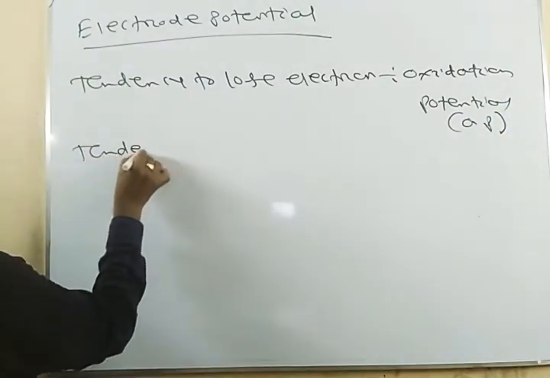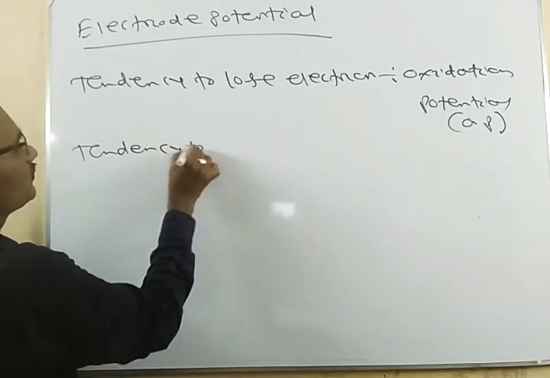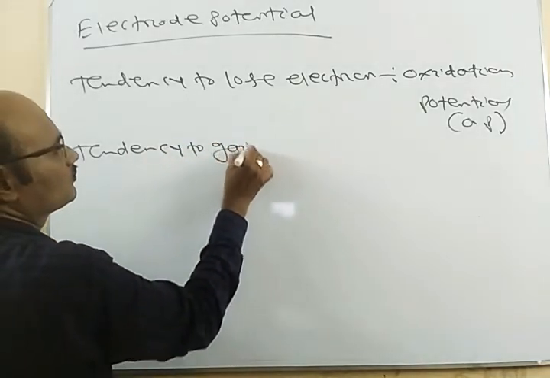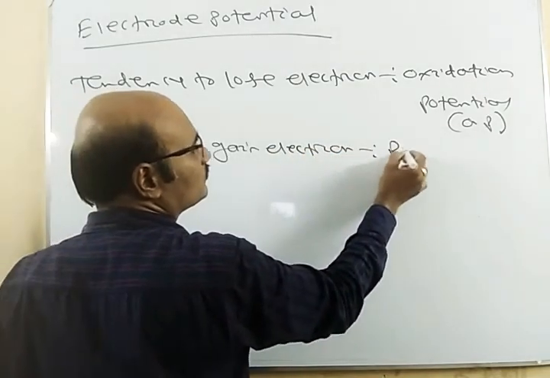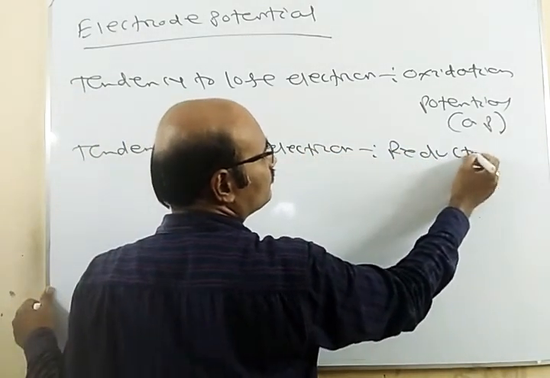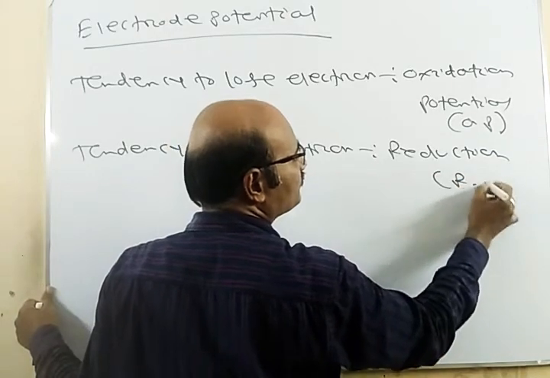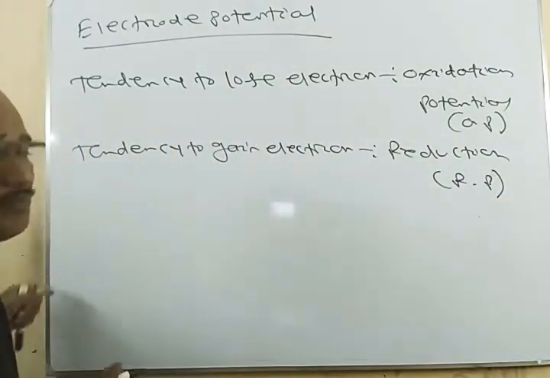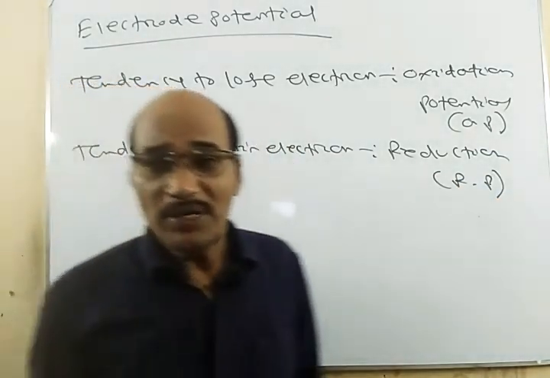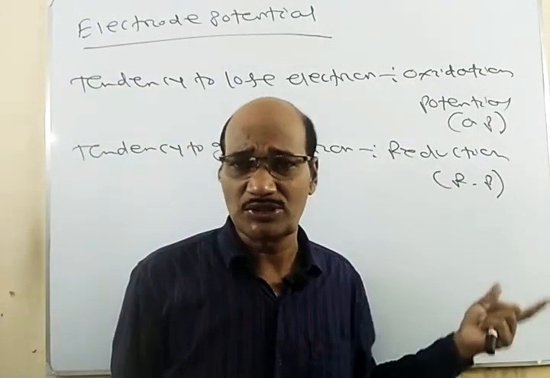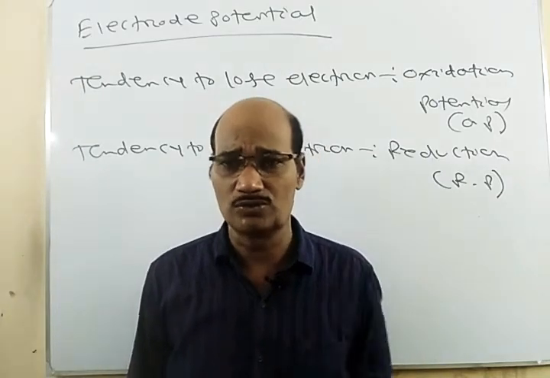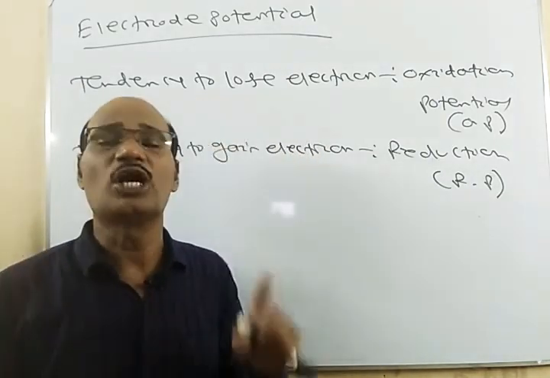The tendency to gain electrons is the reduction potential, RP. But measuring either the oxidation potential or the reduction potential of a single electrode is not possible.